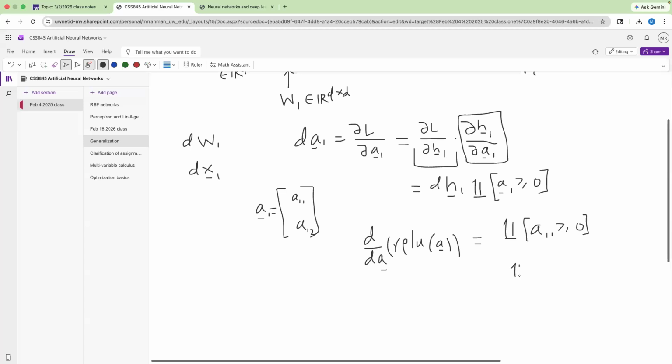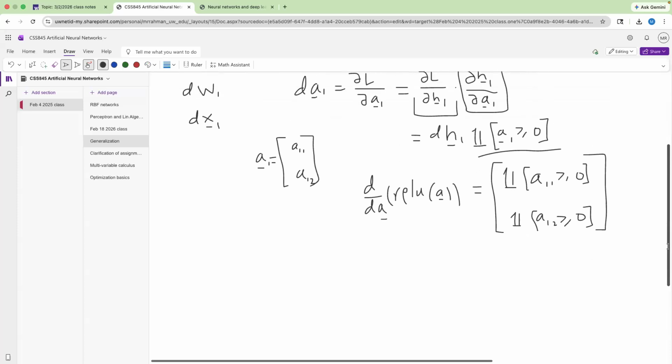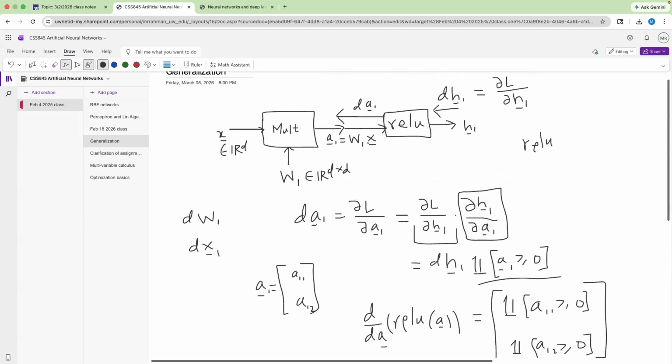And then the second entry is for A12 greater or equal to 0. As a shorthand, you can write it in this form as a vector greater or equal to 0. But it means that we are testing whether every component is greater or equal to 0. So with this, we get dA1.